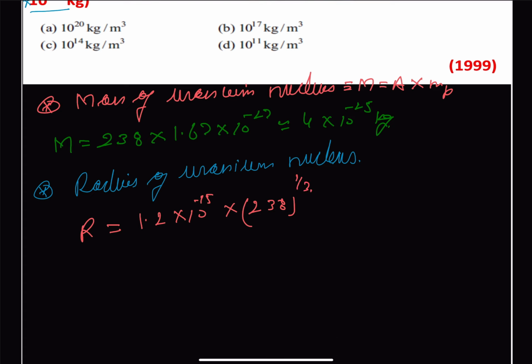So we get that our R is approximately equal to 7.44 into 10 to the power minus 15 meters.